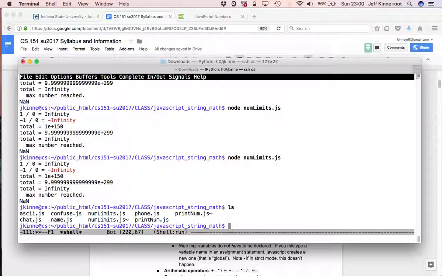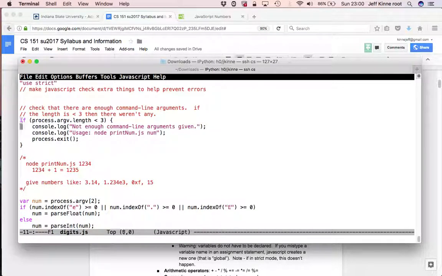What do we have so far? Let's see, let's say we want to print num, and we'll call this digits.